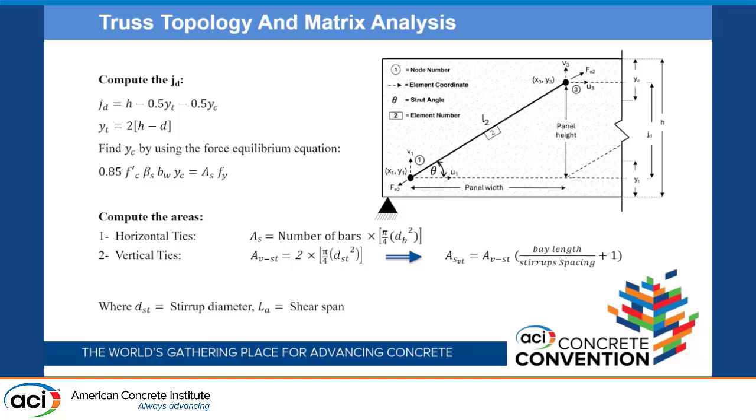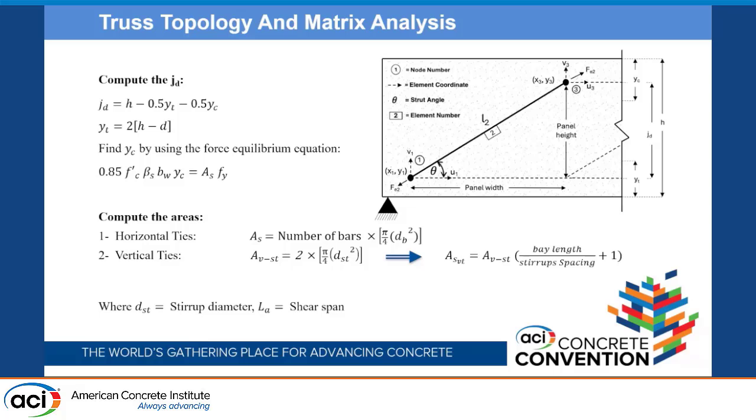This slide shows an inclined truss element, this one right here. So basically the height of the truss is jd, and jd is the height of the beam minus half of the height of the tie element minus half of the height of the horizontal strut element.